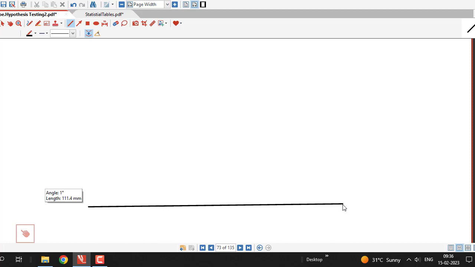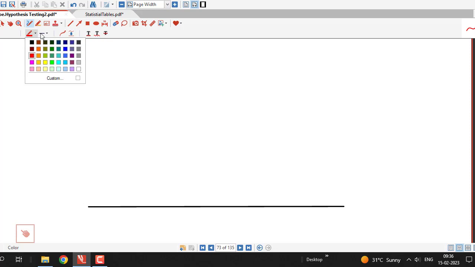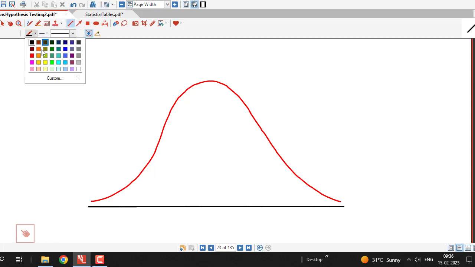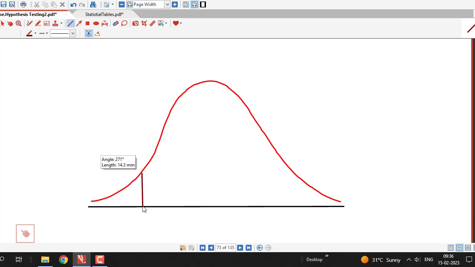We are familiar with the graph of t distribution. It is a symmetric bell shaped curve like normal distribution. So suppose this is the graph of t distribution, and our level of significance is 0.05, but because we have a two-tailed test, we are dividing level of significance into two equal areas.